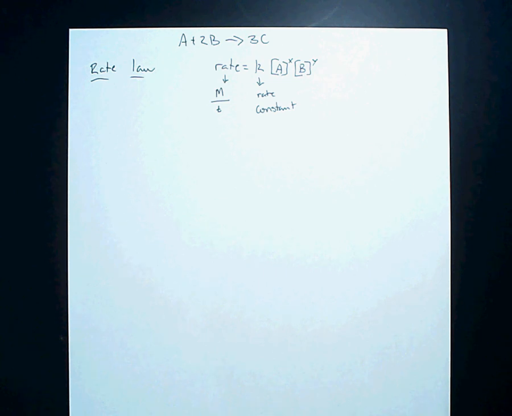You have to have some data given to you, whether it is by initial rates, which is like those big tables with multiple trials, or if you're given time versus concentration data, or it could be even by half-life. But you can't just look at a reaction and determine what the rate law is.